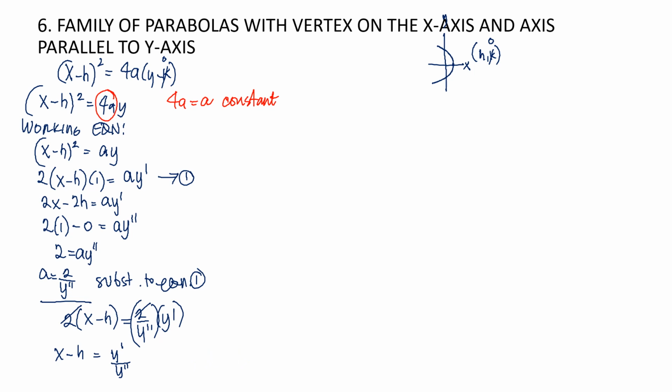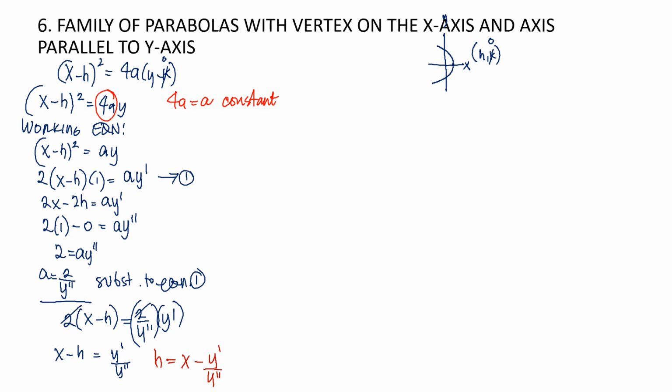And since it is already separated, we can have a formula or equation for h. So h is equals to x minus y prime over y double prime.